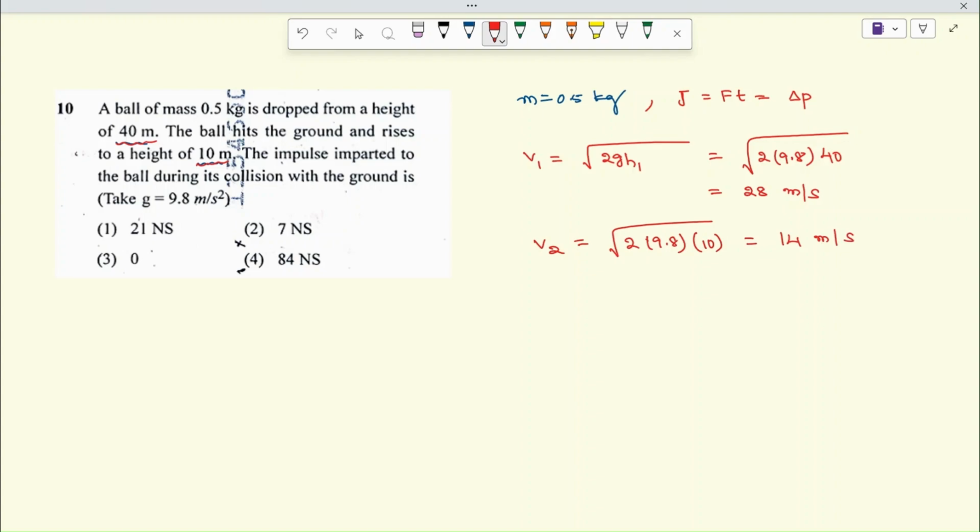While coming, V1 is downwards, V2 is upwards, so you can take one of them as negative, the other as positive. Now change in momentum is mass into (V2 minus V1), which is 0.5 into (14 minus minus 28), since they are opposite. So minus 28 becomes plus 28, 14 plus 28 is 42, 42 into 0.5 is 21. So the answer is 21 Newton second. Option 1.